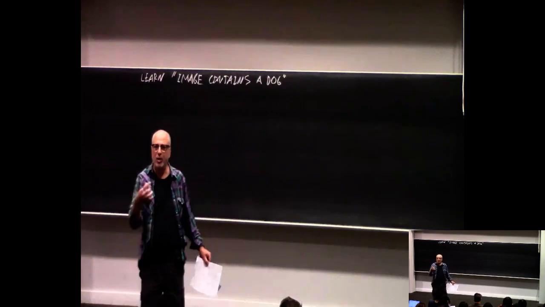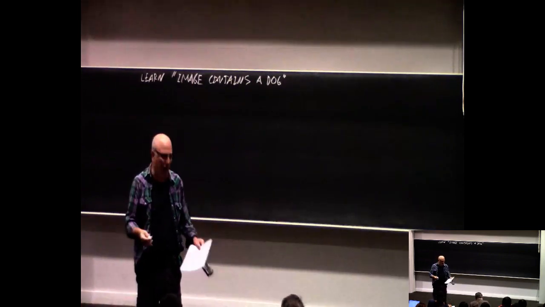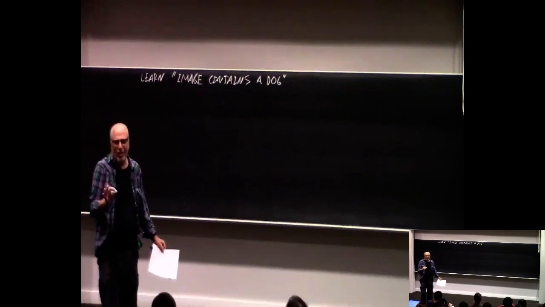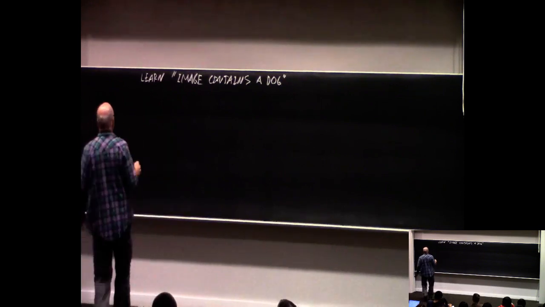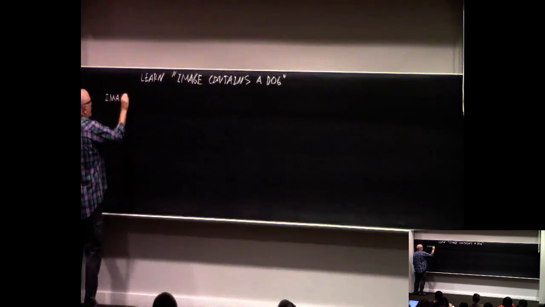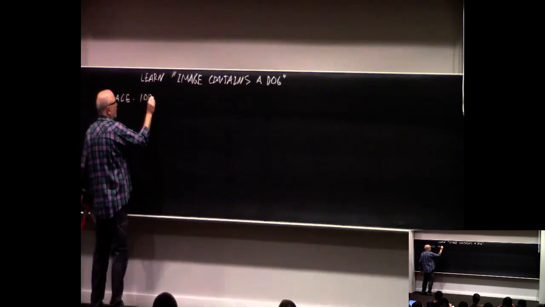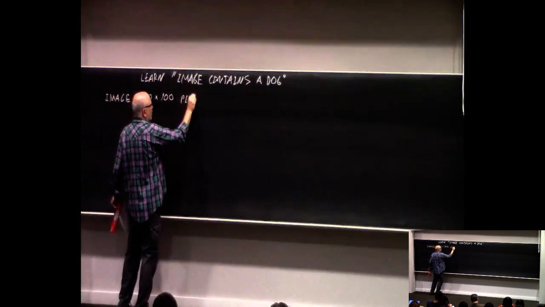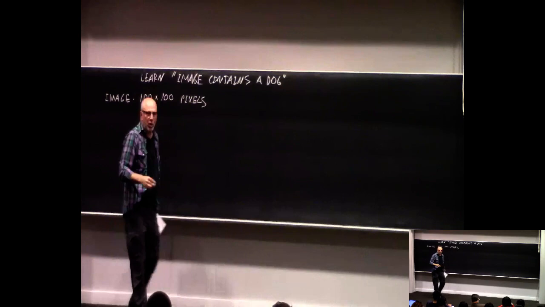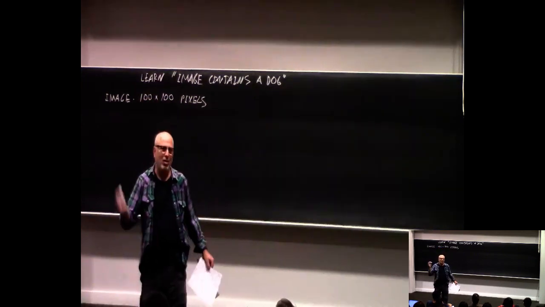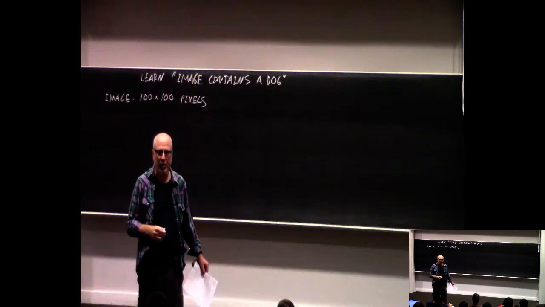Given an image, is or is there not a dog in it? How big is the image? Let's say very modest, very simple, 100 by 100 pixels. You want to learn from color images or black and white images? Let's say color. Let's live large.